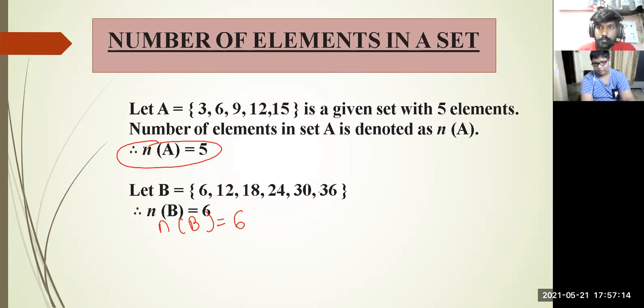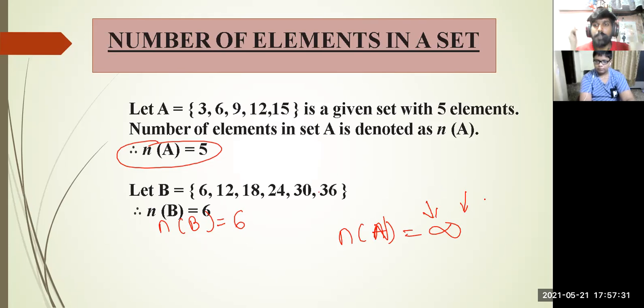What if the numbers in a set are infinite? Suppose it is natural numbers. Then you denote it by the sign infinity. Do you know this sign? Are you aware of this sign? Yes, sir. So this is infinite. But one thing to note: we usually don't work with infinite sets.